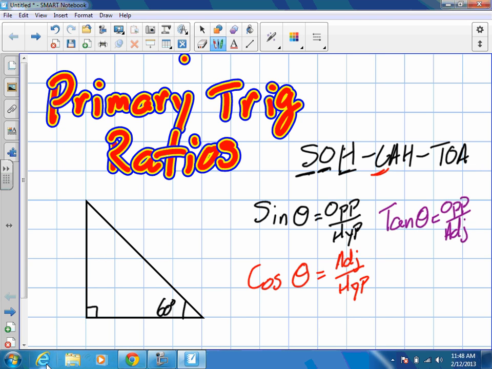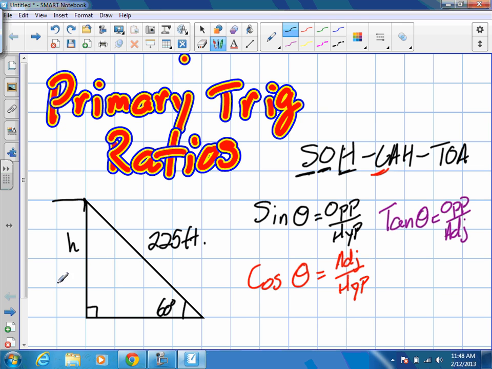Okay? So let's say we have that angle is 60 degrees, and the length of this is 225 feet. Let's say. Okay? We'll say that we're measuring a building. We're measuring some building here, and we want to know the height of this building.